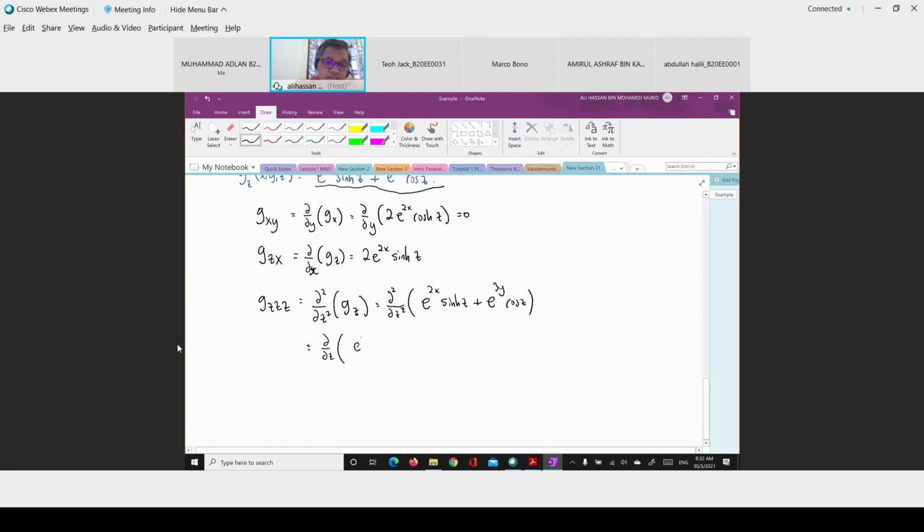The result is e to the 2x cosh Z, then minus e to the power of 3y sine Z.